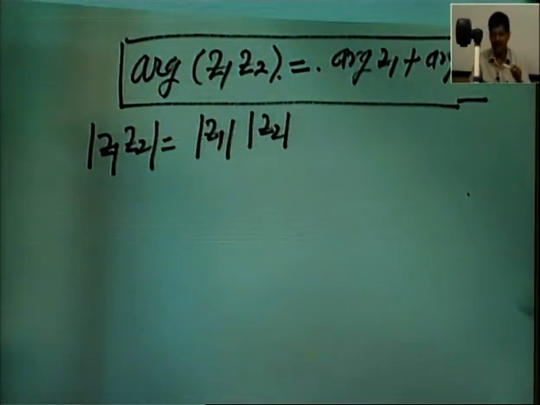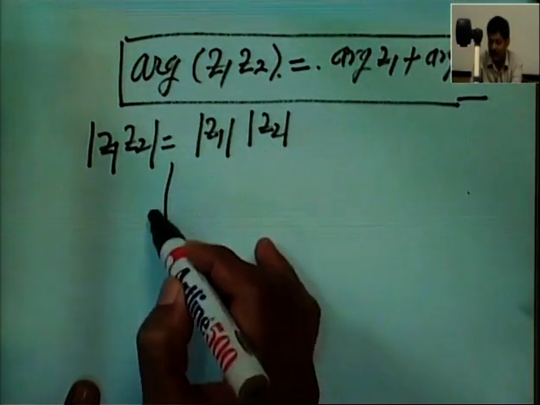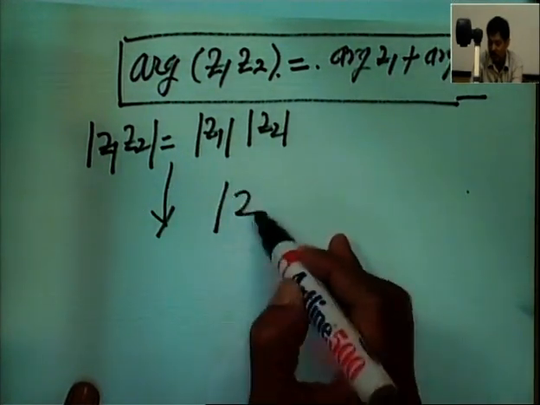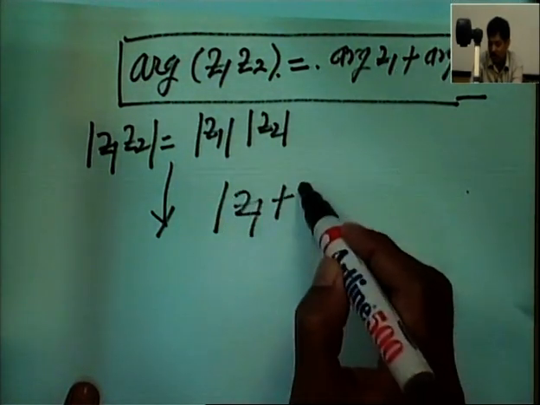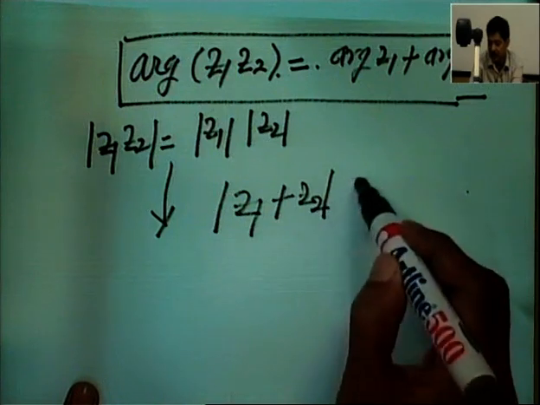This is merely the consequence of the ordinary multiplication of two complex numbers, and this property, well, whose proof unfortunately I could not give.